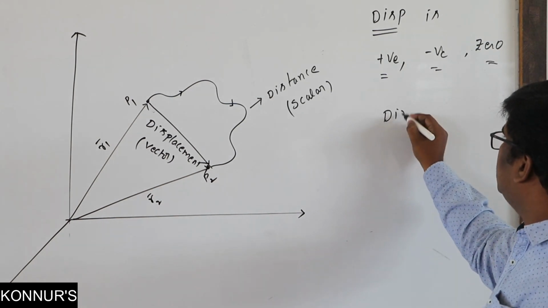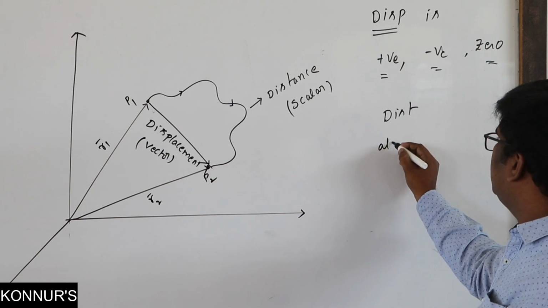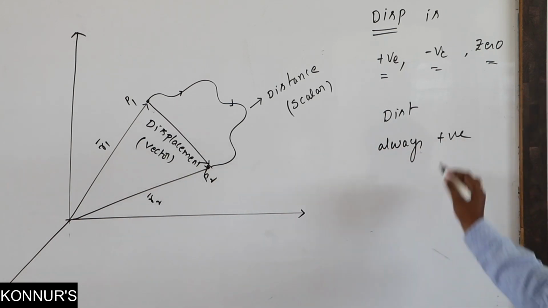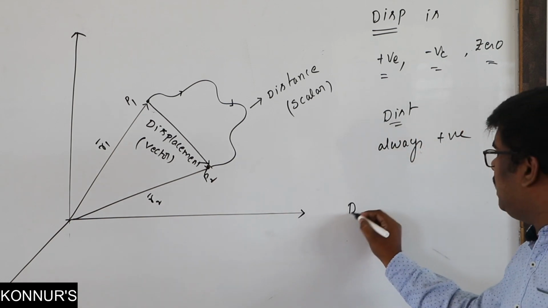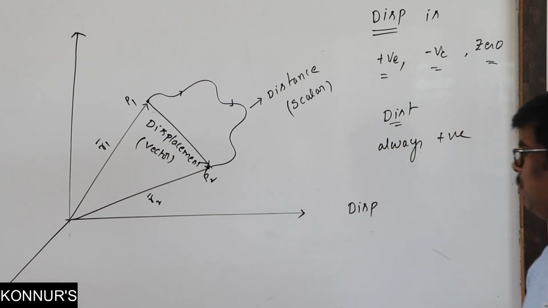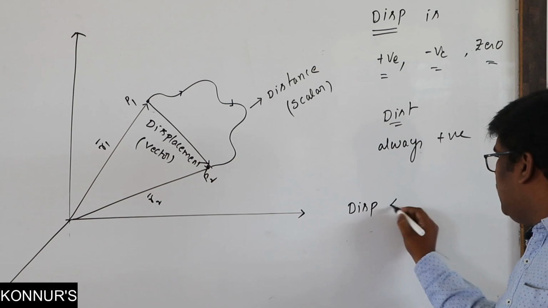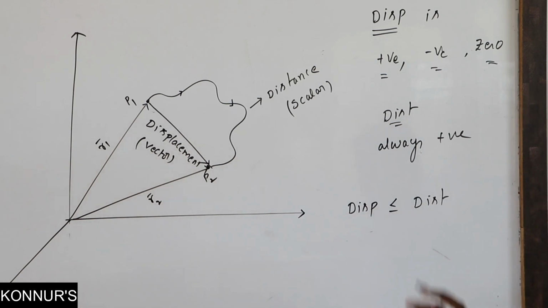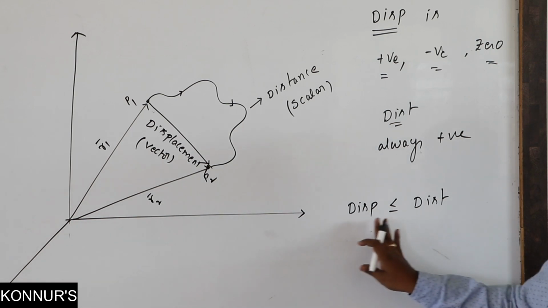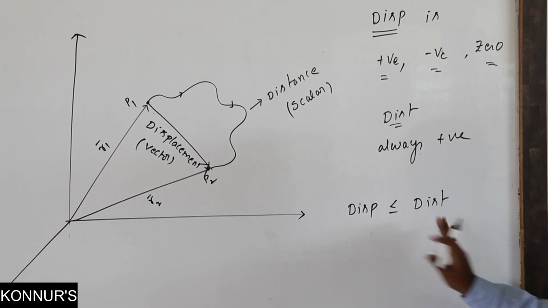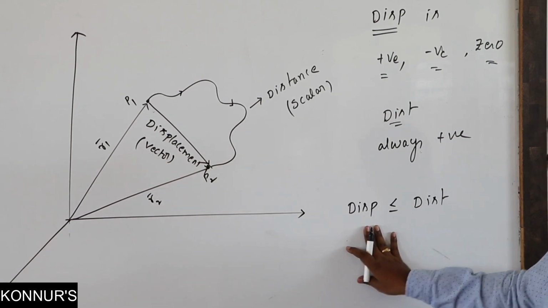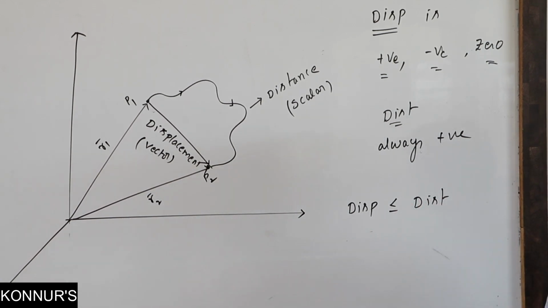And distance is always positive. Also we can say the displacement magnitude is either less than or equal to the distance. If it is a straight line path, distance and displacement are equal. For paths other than a straight line, displacement is lesser than the distance.